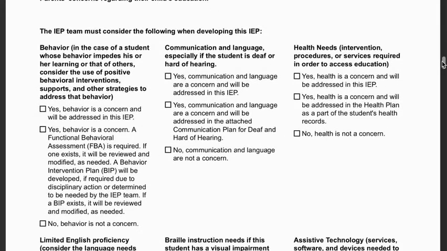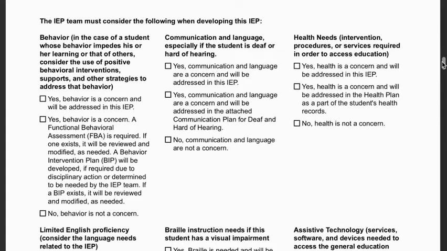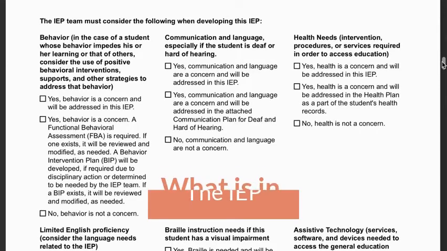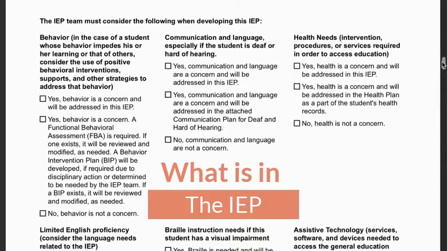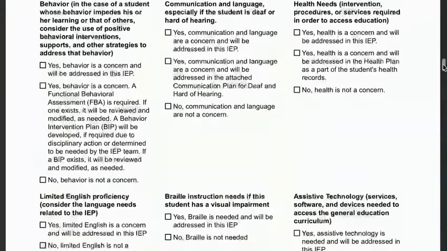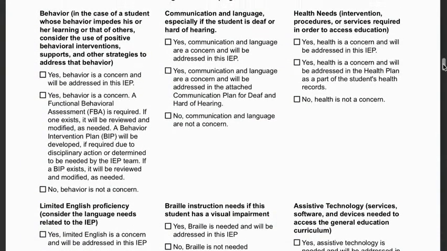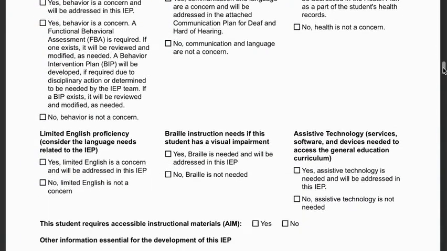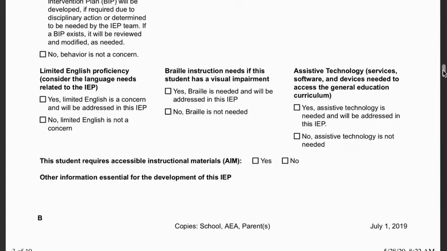The next part of the IEP just gives you an oversight of what's in the IEP. So if they have a behavior, that would be checked yes. Communication, health, English, if they're limited English, if Braille is needed, or if assistive technology is needed.